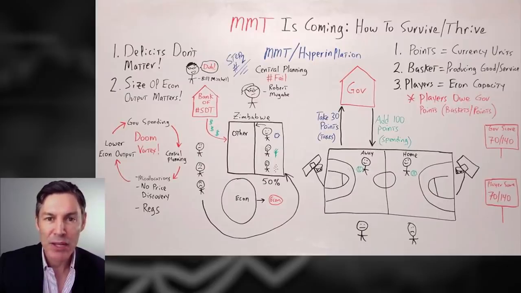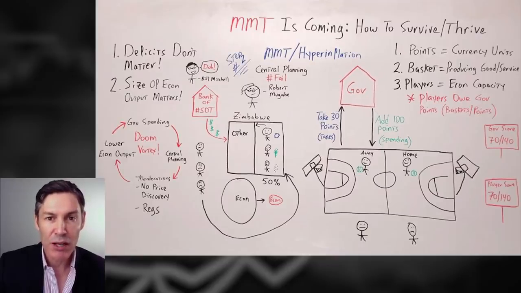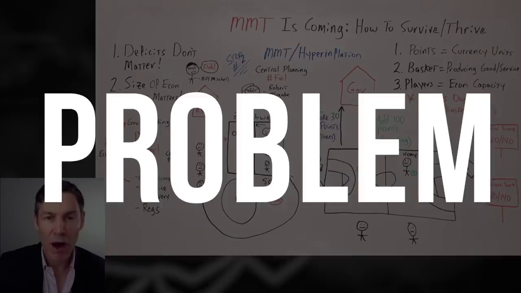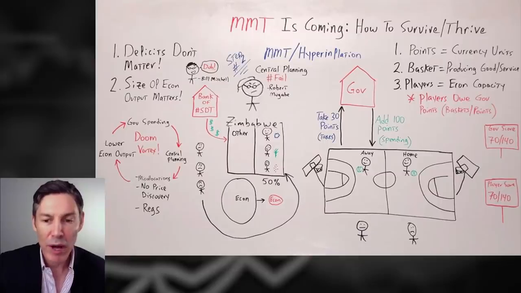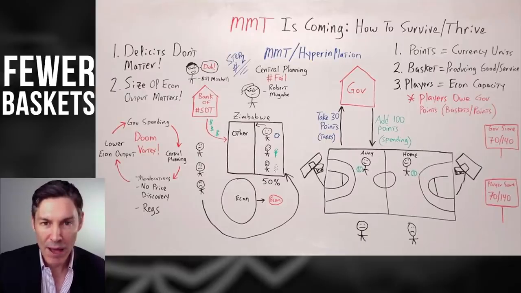It's not about the amount of points that the government is putting into the system. As long as the players can make as many baskets as the government is creating points, then we don't have a problem. In the case of Zimbabwe, the government kept creating points, but the players made fewer and fewer baskets.